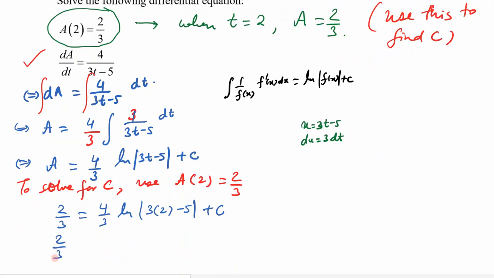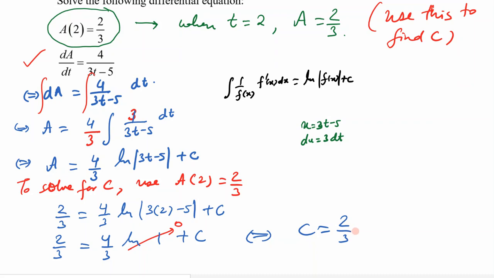So 2 over 3 equals 4 over 3 ln of 6 minus 5, which is ln of 1, plus c, and we know that ln 1 is 0. So in this case this whole thing becomes 0. So from here we get c is equal to 2 over 3.